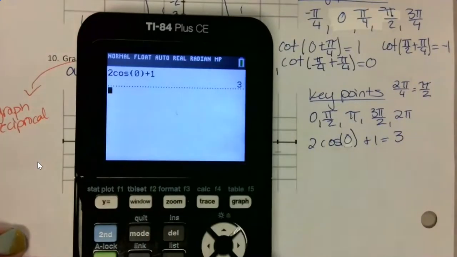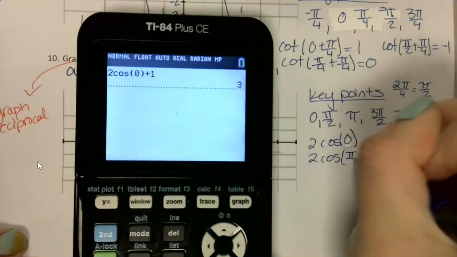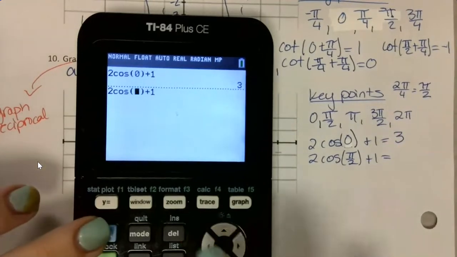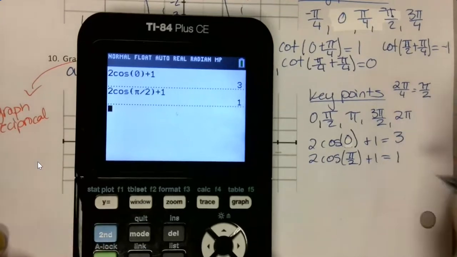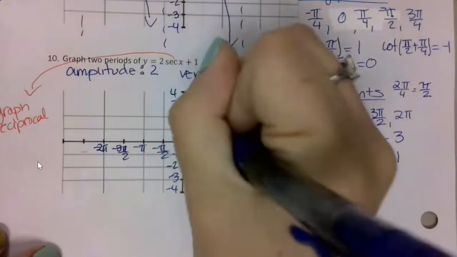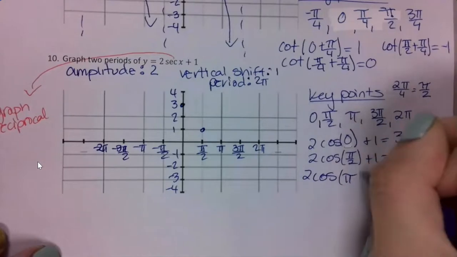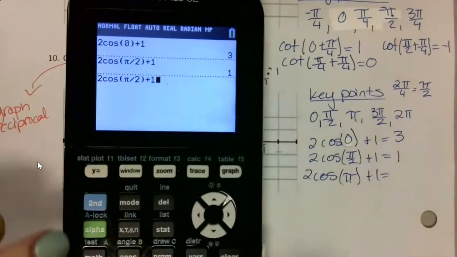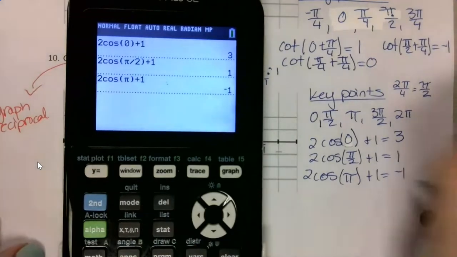Then I'm going to do the same thing for pi halves. Which gives me 1. Again, I'm going to go ahead and do this for pi. Gives me -1.